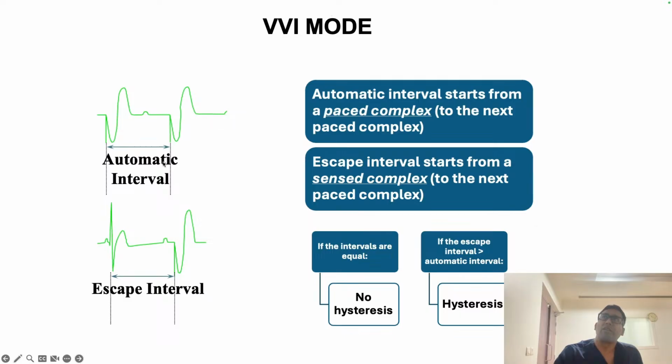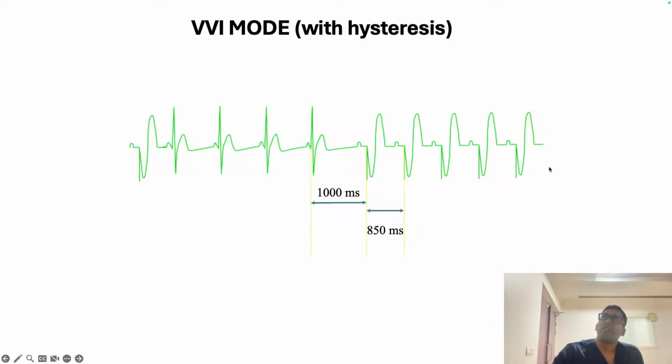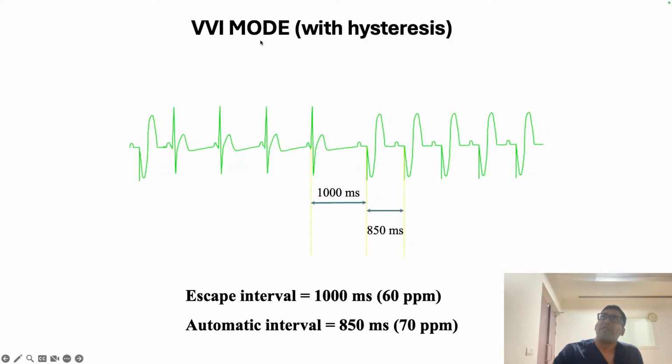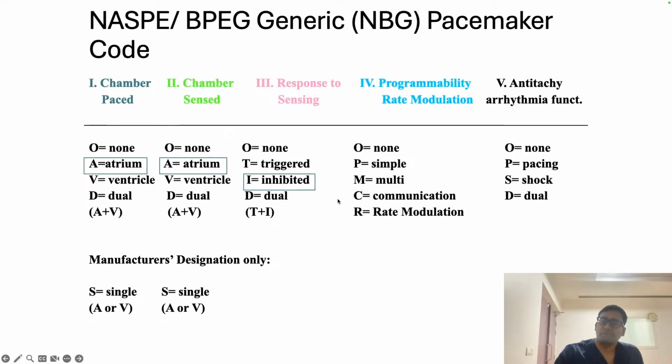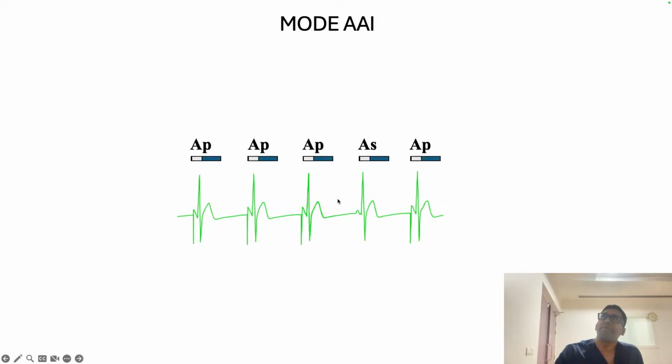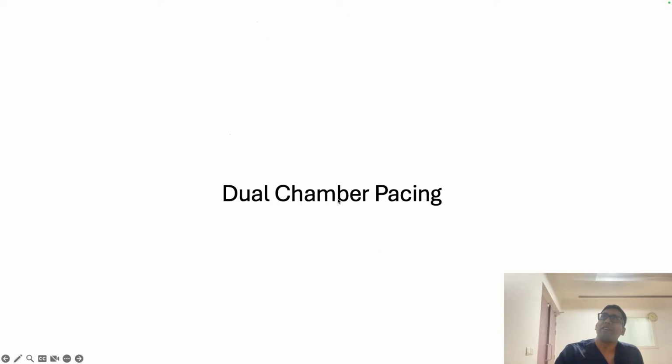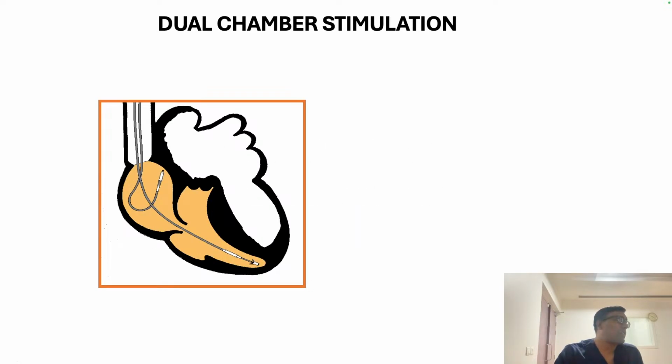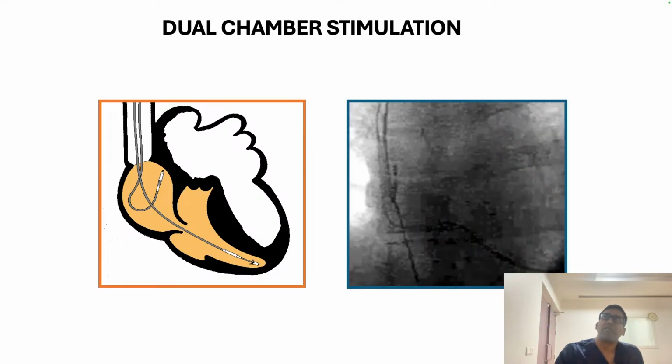We can say this is the automatic time and this is the escape time. I will not go into detail because these are totally different things. So VDD mode, VVI mode, you are seeing VVI mode, actual pacing. Dual chamber, you have put two leads, upper and lower chamber.